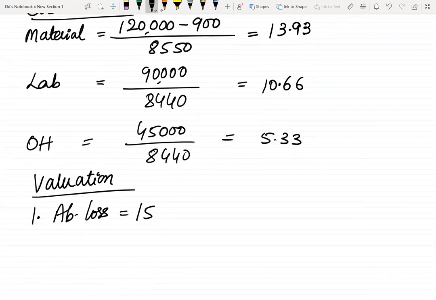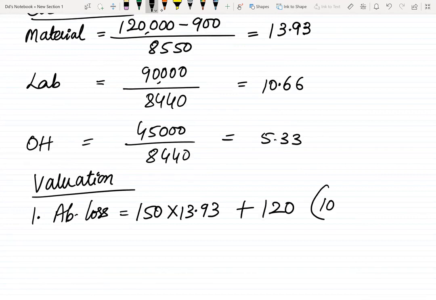So it will be 150 into 13.93 plus 120 is common, so you can take it together: 10.66 plus 5.33, that into 120.